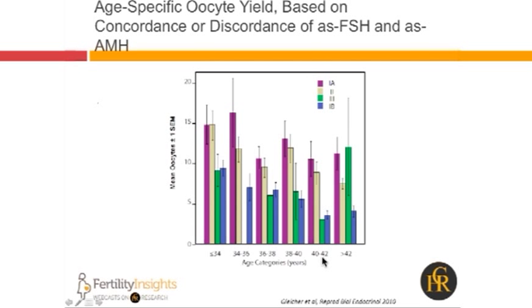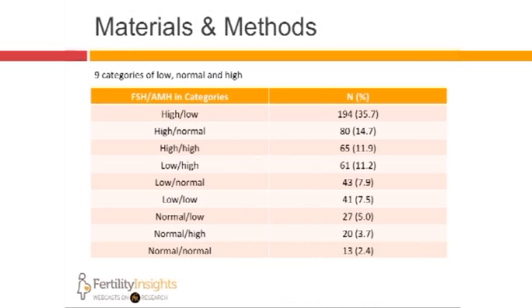But how exactly this plays out in terms of IVF outcomes has really been unknown, and we therefore decided in this study to investigate what these different combinations of AMH and FSH mean in terms of how these patients will then behave in an IVF center.